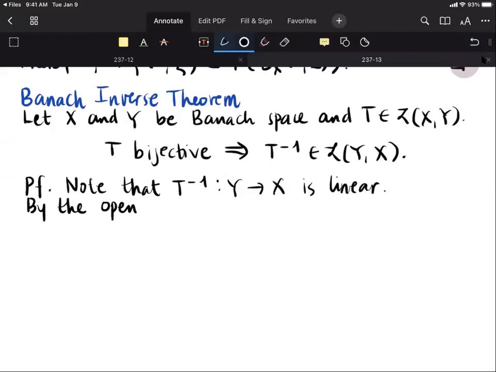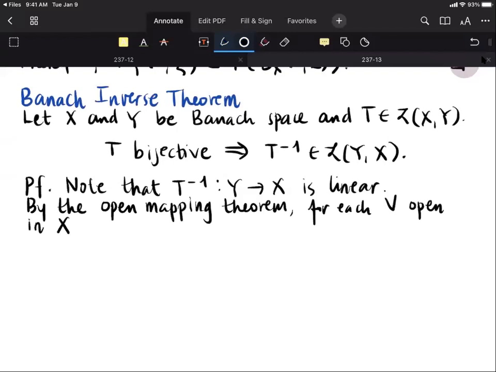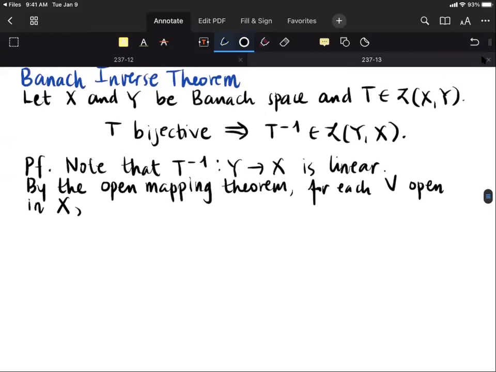By the open mapping theorem, for each V open in X, we take here an open set in X, and we want to show that the inverse image of the inverse is open in Y. However, first, by the open mapping theorem, if V is open in X, T of V is open in Y. But of course, this is what?